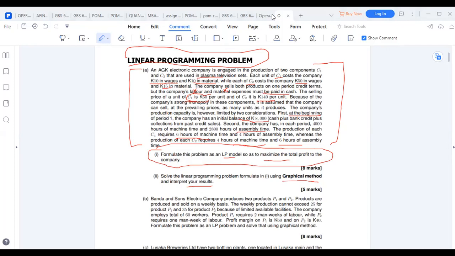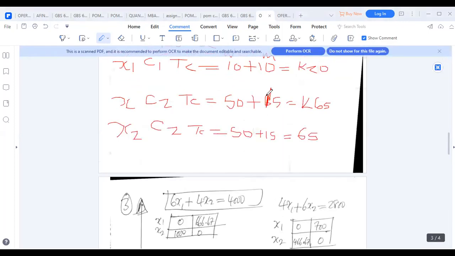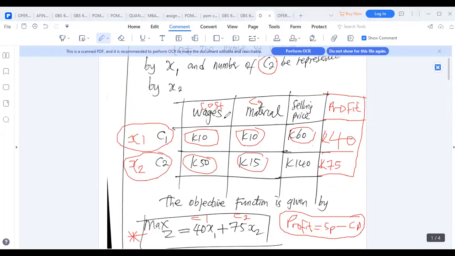For C1, the total cost was wages and material, so 20 kwacha per unit, and C1 is represented by X1. For C2, which is X2, the total cost was 65, the addition of the wages and materials.